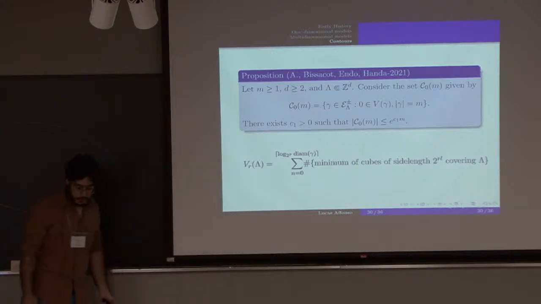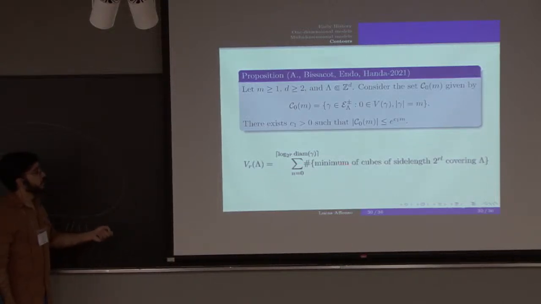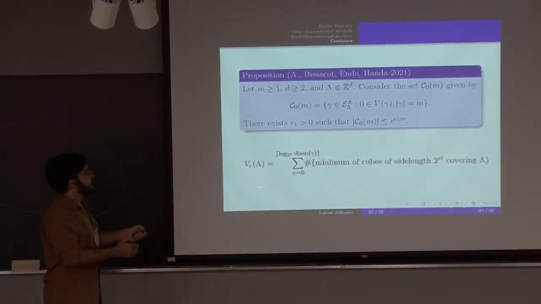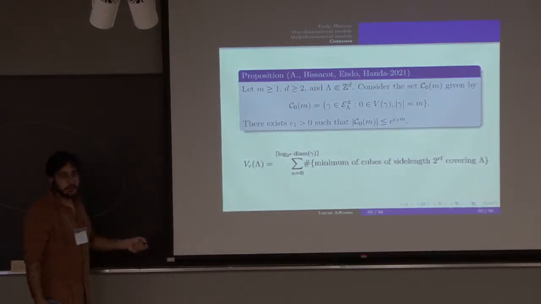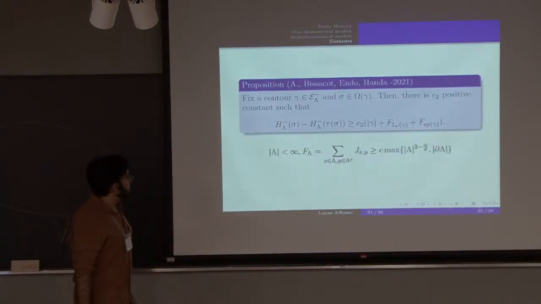You introduce a generalized version of what happened in the Fröhlich-Spencer paper. You have this quantity right here that counts the minimum number of coverings, but instead of intervals, you use cubes. Then you show that for a contour, this quantity must be bounded, and the sets where this quantity is bounded and 0 is inside them are exponentially bounded. So this is the idea for the entropy.